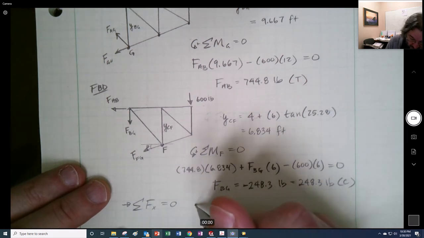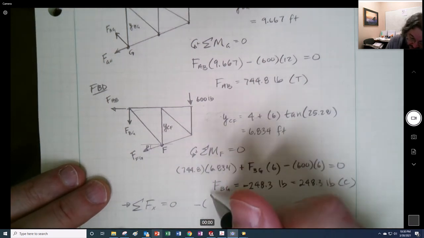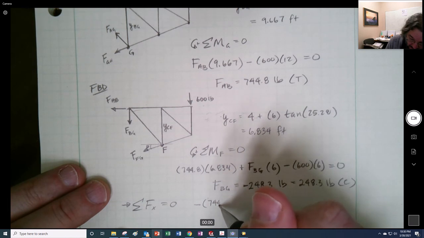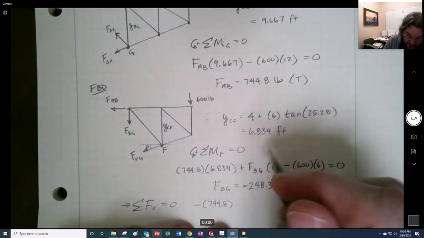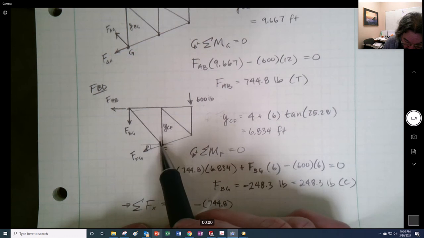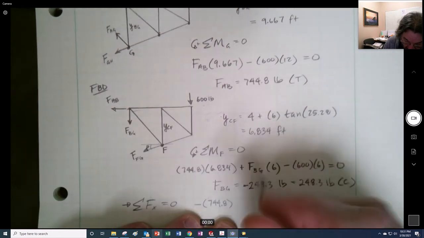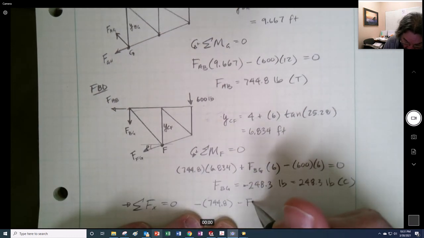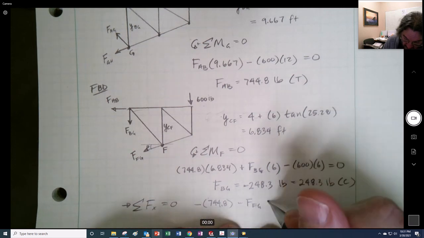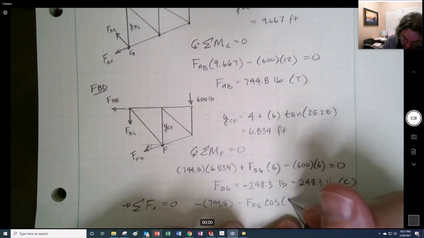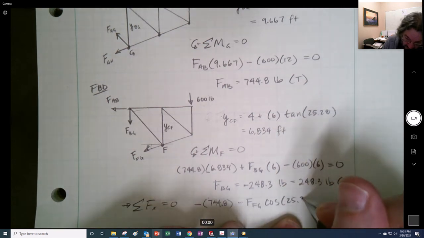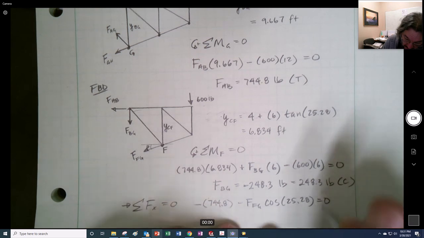So we go negative 744.8 right here, and nothing else is coming in here. So you're going to have a negative FFG times the cosine of 25.28 equals 0.